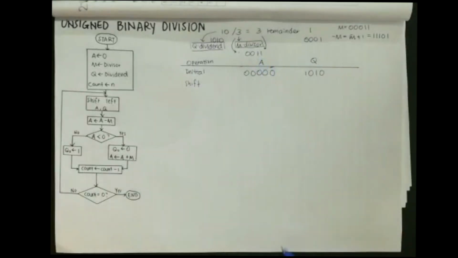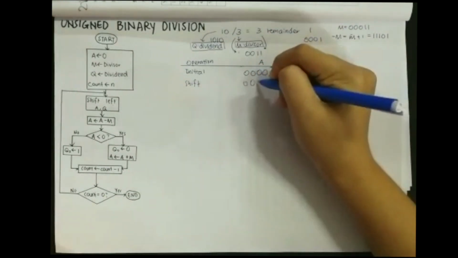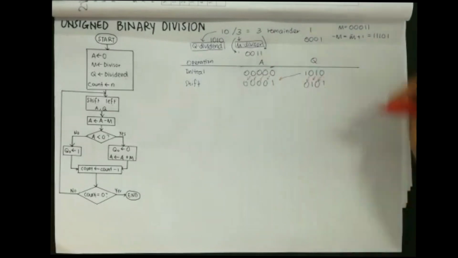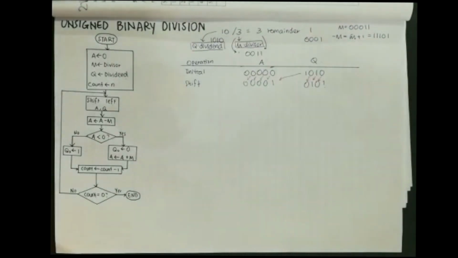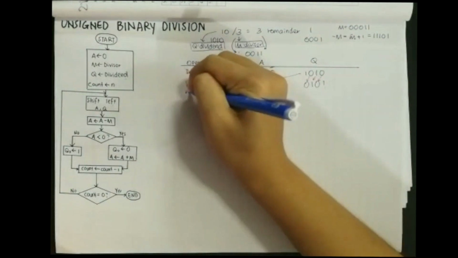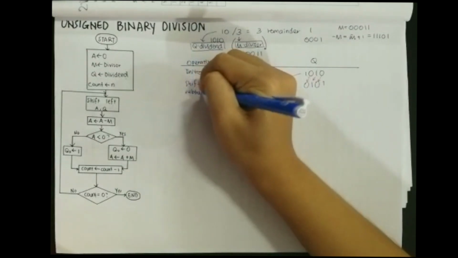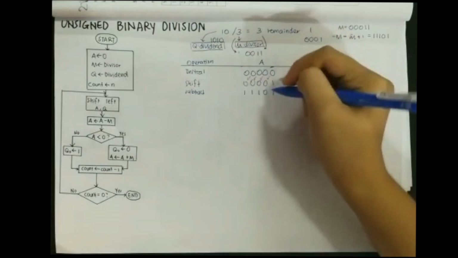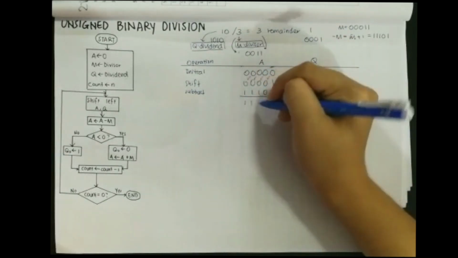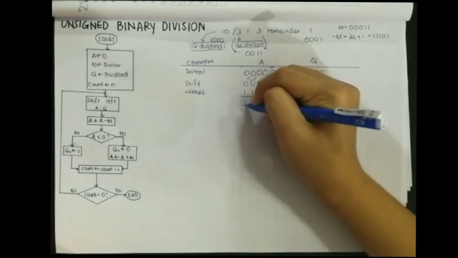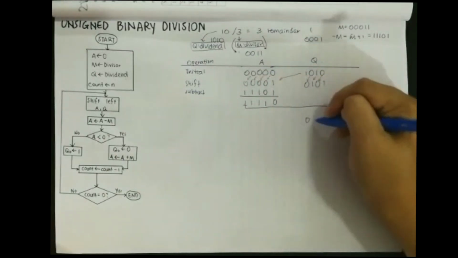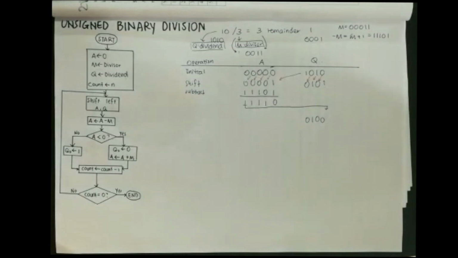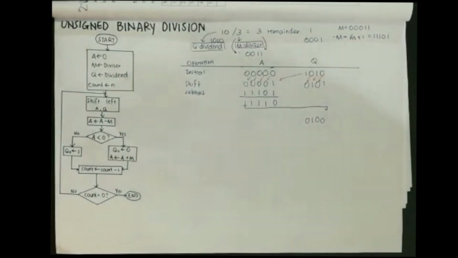The A and Q registers together are shifted to the left 1 bit. Then, M is subtracted from A to determine whether A divides the partial remainder. When the first digit is 1, Q0 is 0.